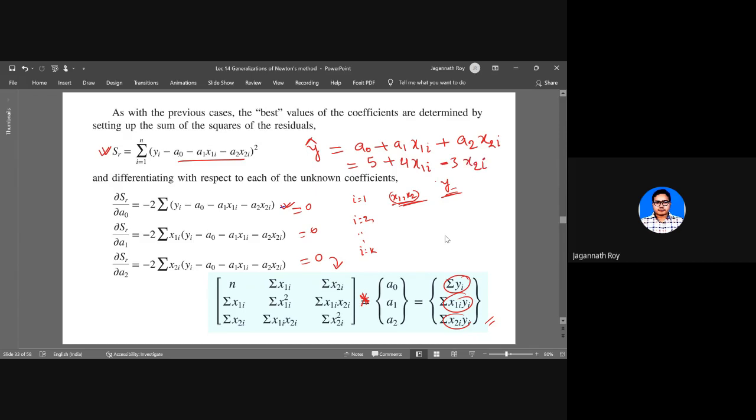Now this i actually indicates that particular point that we are considering.